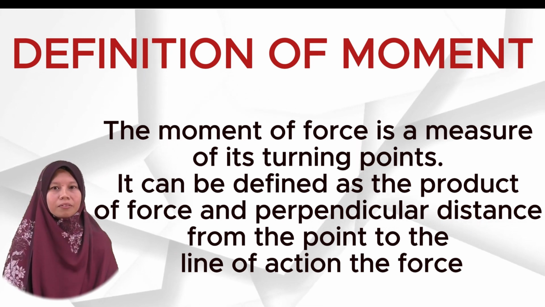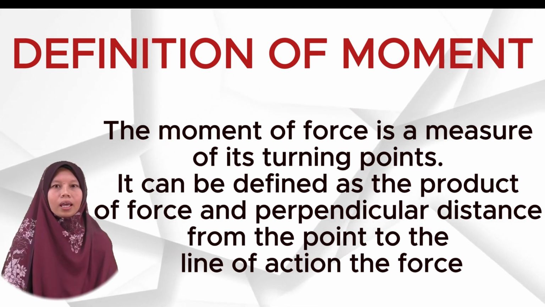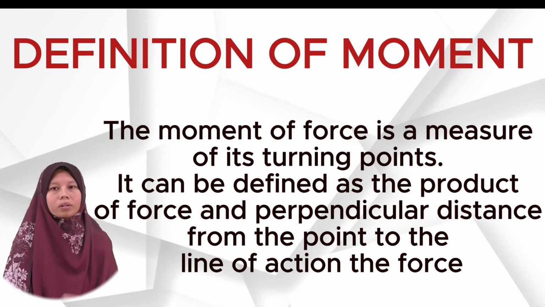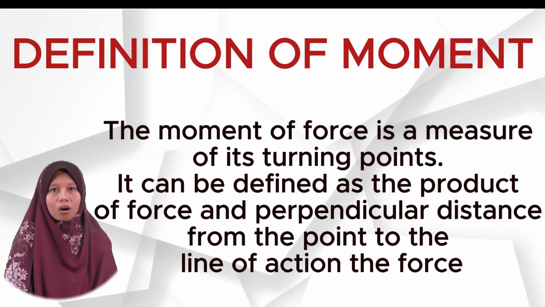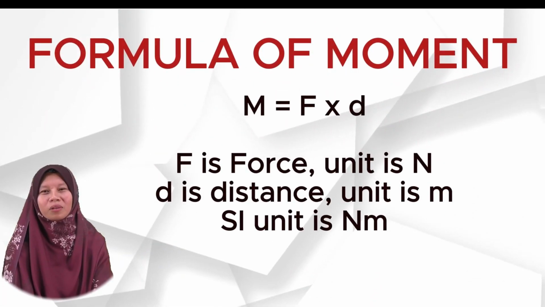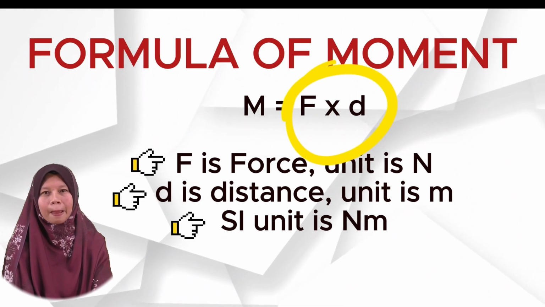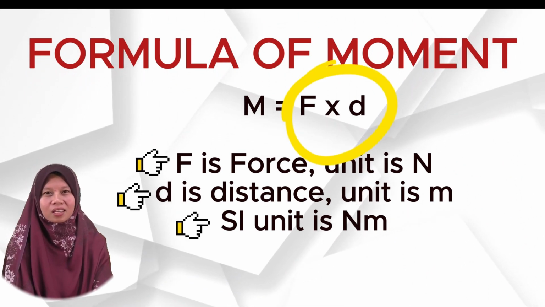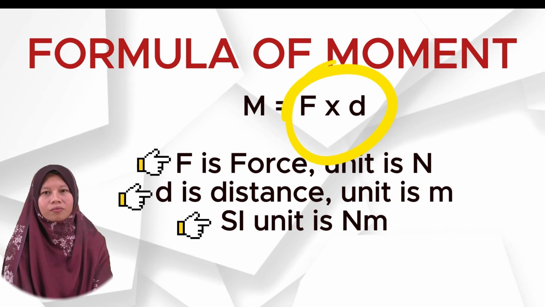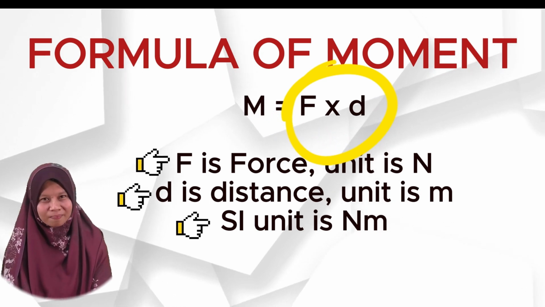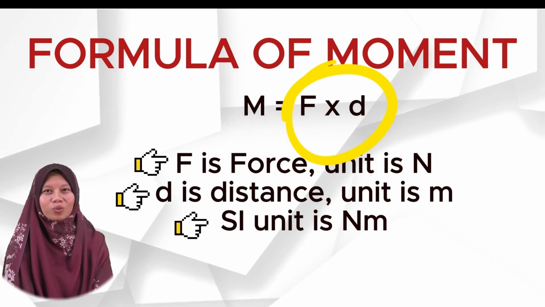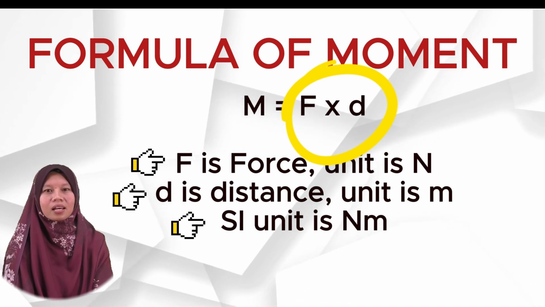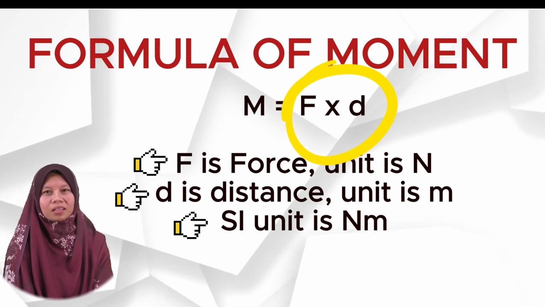It can be defined as the product of force and perpendicular distance from the point to the line of action of the force. Next, the formula of moment of force is M equal to F times D, where F is force and the unit is Newton, D is distance and the unit is meter, and the SI unit is Newton meter.